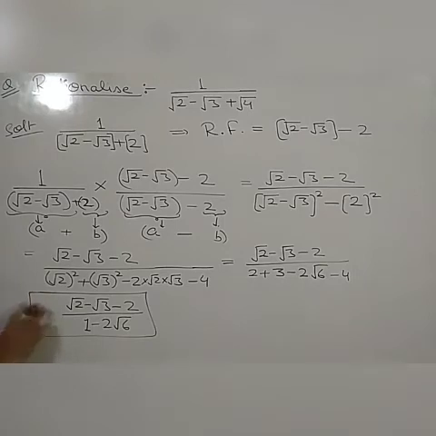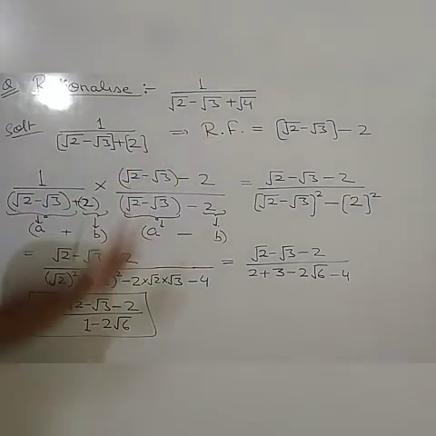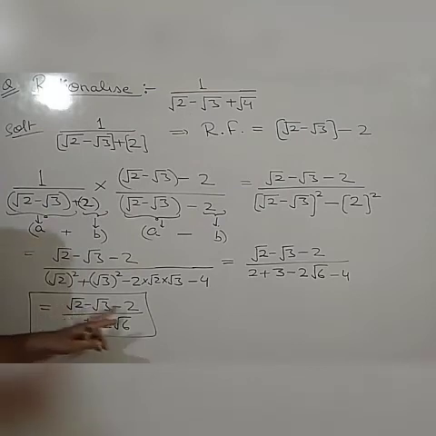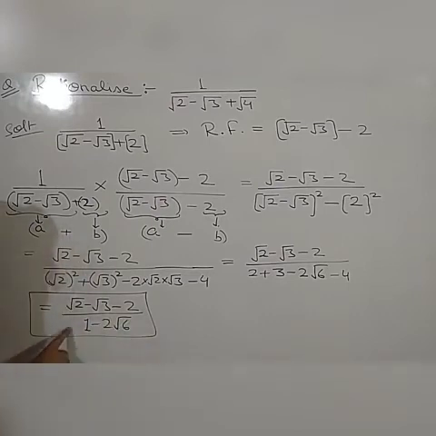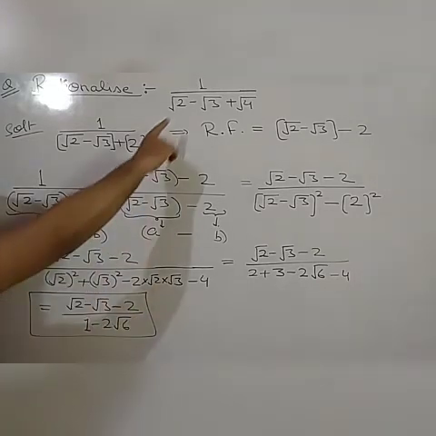So till here we have solved. When we rationalized this term, we got root 2 minus root 3 minus 2 upon 1 minus 2 root 6. But it is not the final answer, because here also there is a square root in the denominator. It means it is still in irrational form, so again we have to rationalize this term.